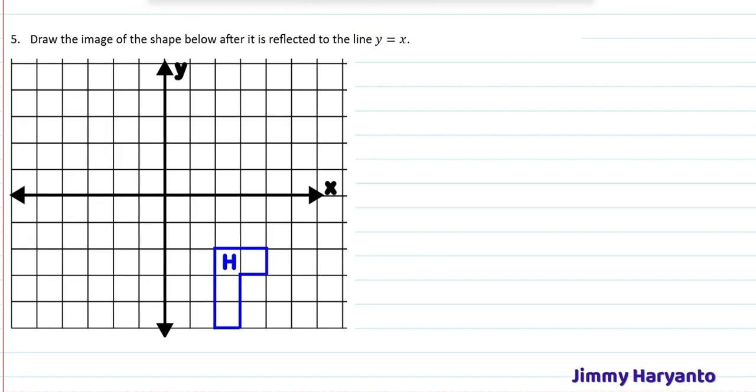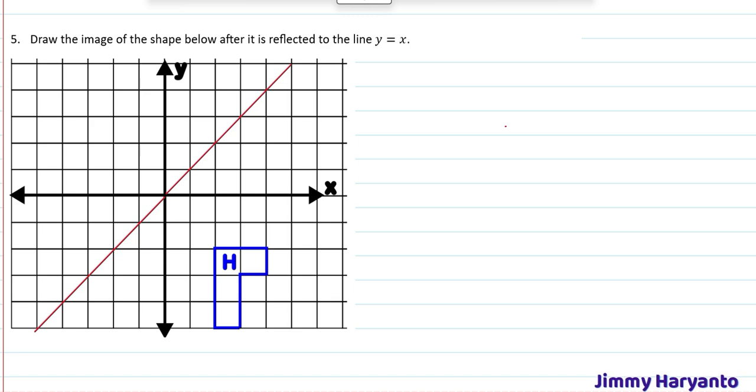Okay, next is to the line y equals to x. Just in case you don't know what is line y equals to x, y equals to x is like this, a diagonal line going to the top right like this, and it's exactly 45 degree, so you can create the line like this. Sorry, it will be exactly diagonal, yeah. Okay, and then we only have to do the steps.